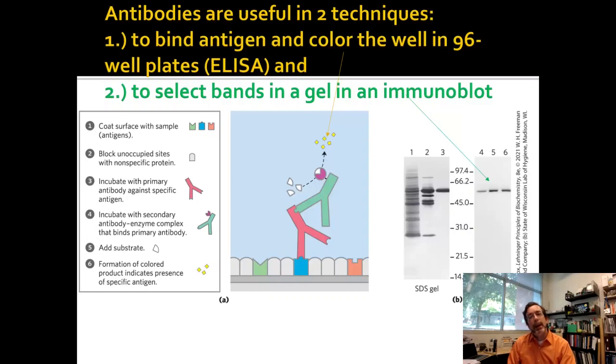But the way you make that trick work is you make a secondary antibody that will bind the primary antibody. Remember, they all have a constant region, right? So you make a secondary antibody that binds the primary antibody, and this one is attached to an enzyme that will turn a molecule a certain color in the well. The reason you have to do that is because it's easy to make a plain antibody. It's hard to make a conjugated antibody.